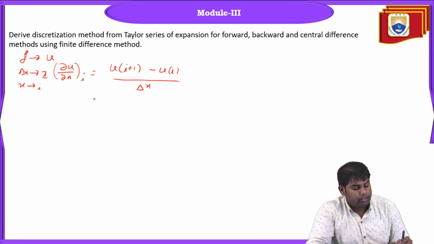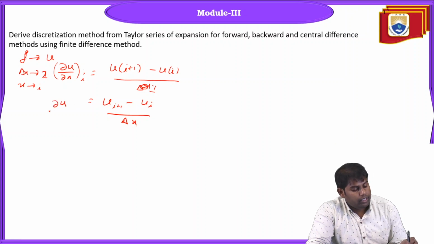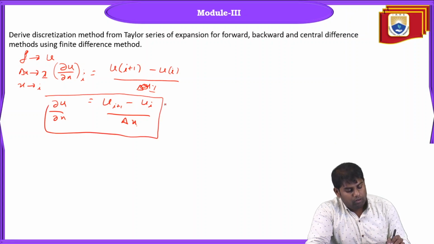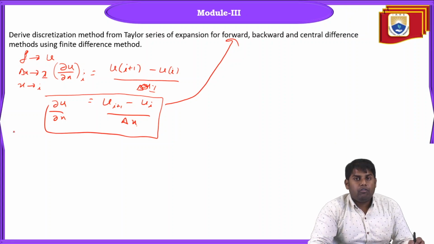We can write it this way also: u of i plus 1 minus u of i divided by Δx. You can take this as 1. So in index notation, u of i plus 1 minus u of i divided by Δx. So this is for forward difference.